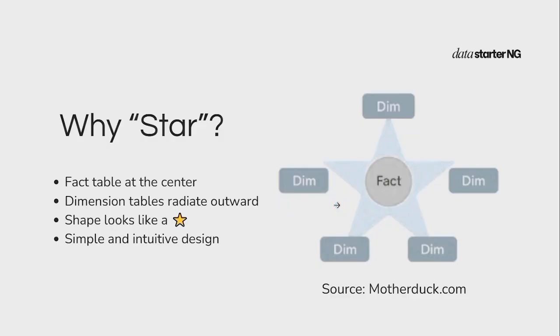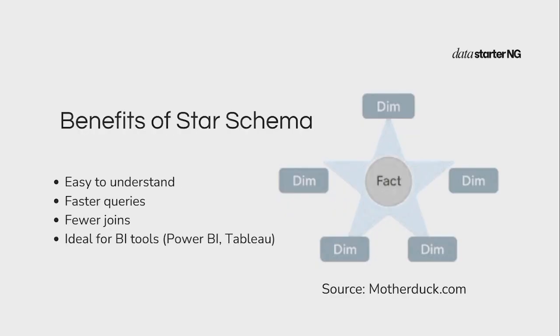What are the benefits of having a star schema? One, it's easy to understand and intuitive, and it allows you to have faster queries. You usually don't need to join tables too much, and you don't need too many dimension tables. It's ideal for most BI tools like Power BI and Tableau.